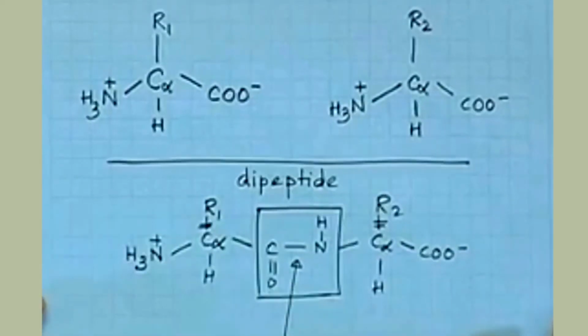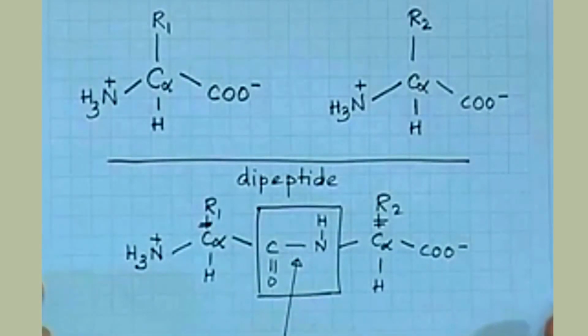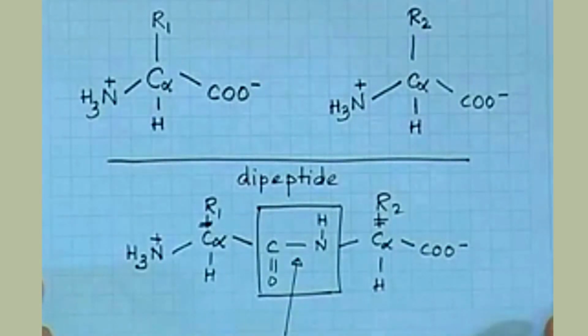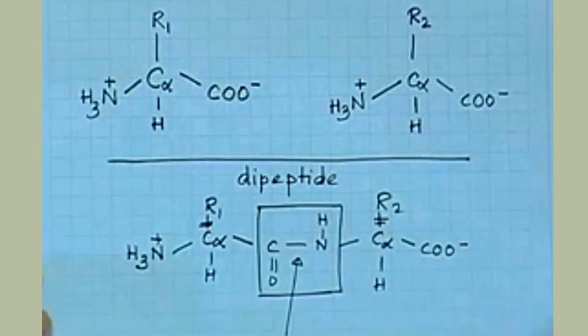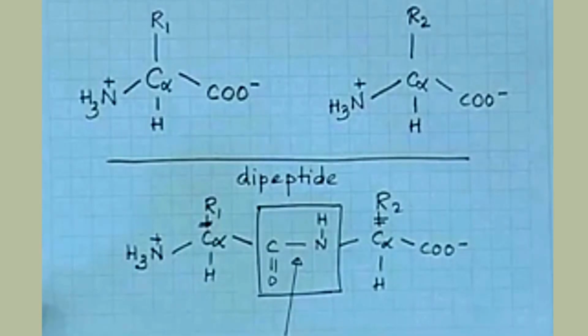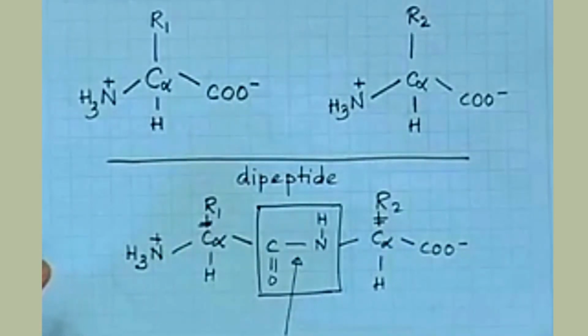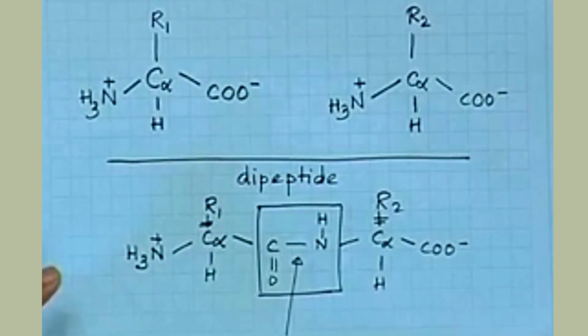Now, in a representation of a protein, it is not very convenient to keep on writing all the atoms together. We know that in the primary amino acid sequence, the building blocks are linked together by the peptide bonds.